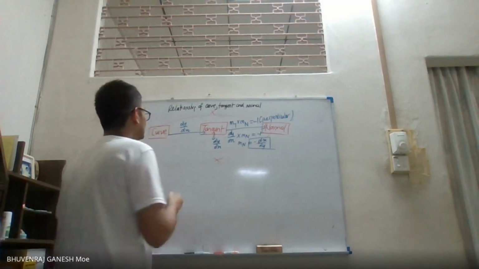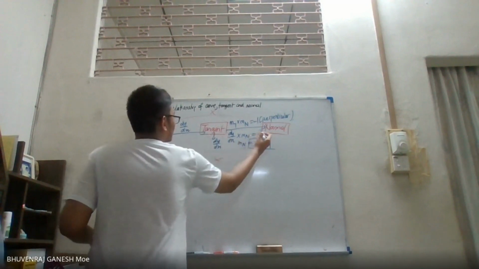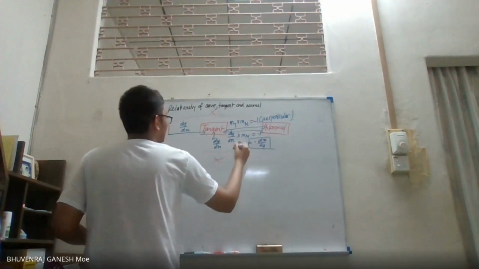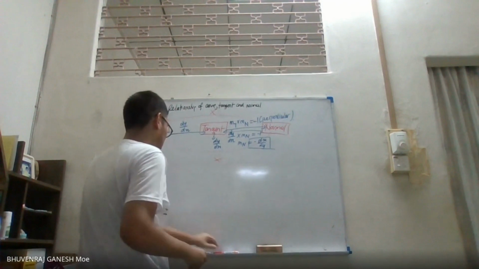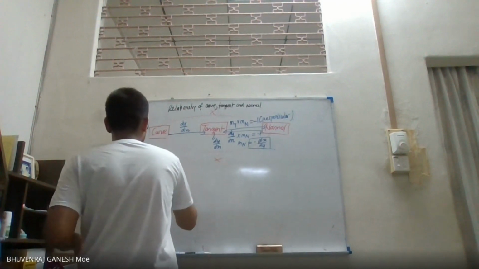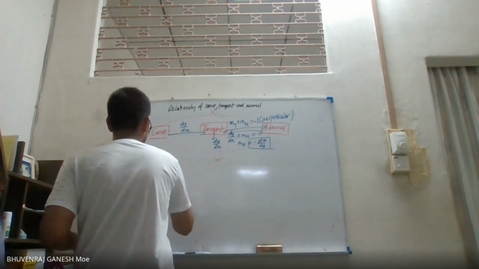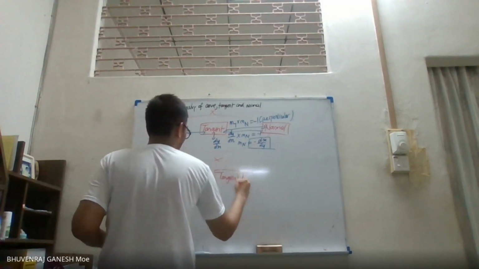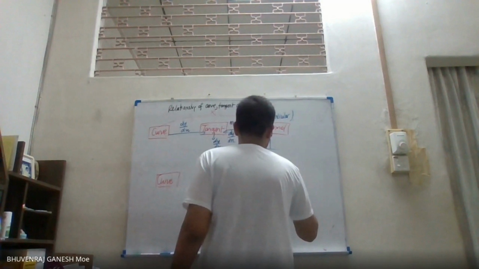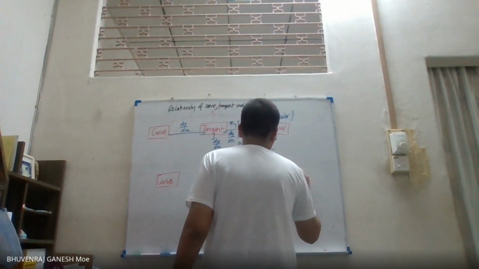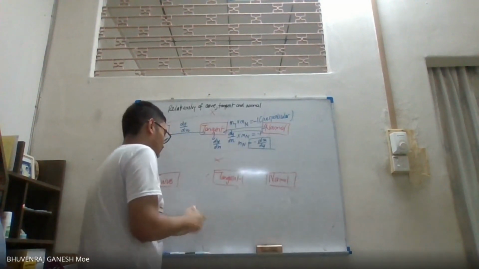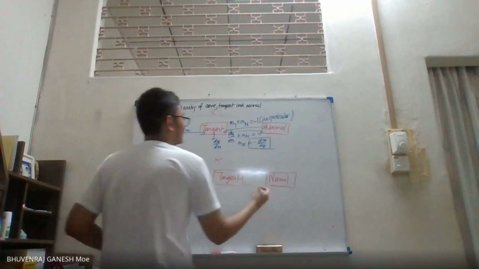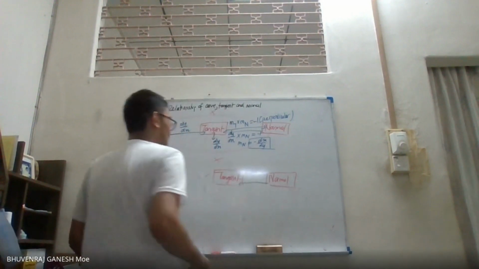So if we go opposite, the normal to tangent, let's say you do down here, curve, tangent, normal. So you want to go this way. If normal, you already have the equation, and then you want to go to tangent.